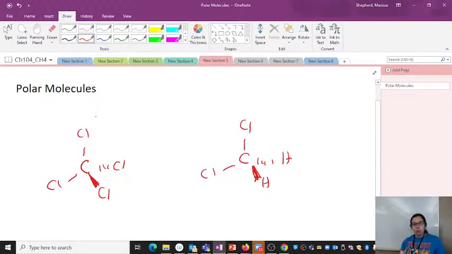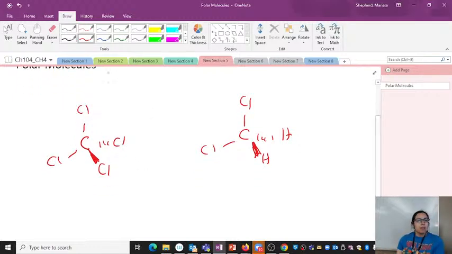So if we compare carbon tetrachloride, it's tetrahedral, and we could rotate it such that it's symmetric, right? We can flip it and do all sorts of things to make these chlorines be in the same position. So this is fully symmetric. Yes, each individual chlorine is pulling electron density towards it.